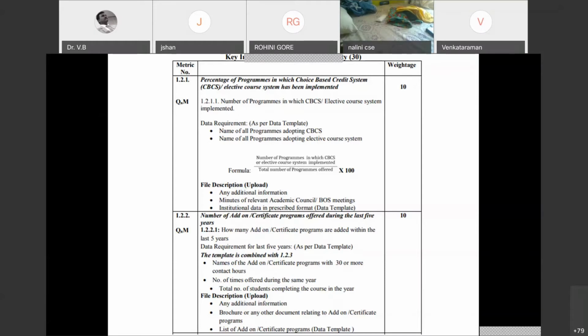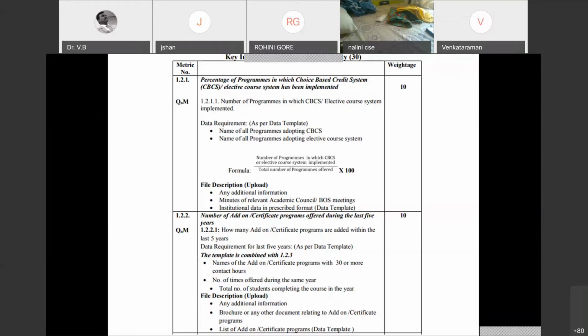In such cases, the formula, as you can see, is the number of programs in which CBCS is implemented divided by the total number of programs offered. As I told you in the example, if I am offering 2 programs, out of which in only one there is CBCS or elective, then the formula will be 1/2, that is 50% of the courses. Now please remember, it is either or, either CBCS or elective.